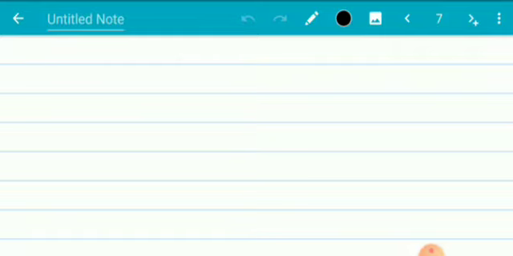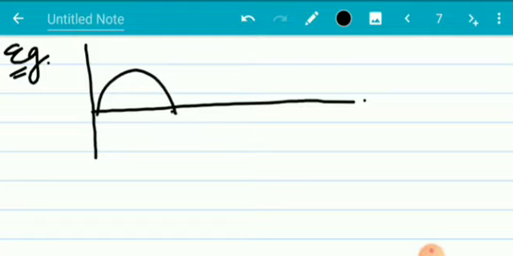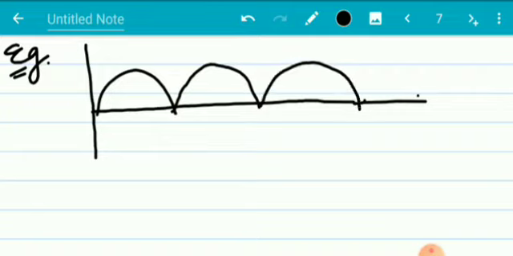Now, in order to understand this in a better way, we will take an example here. Okay, let us say this is the output of a rectifier.